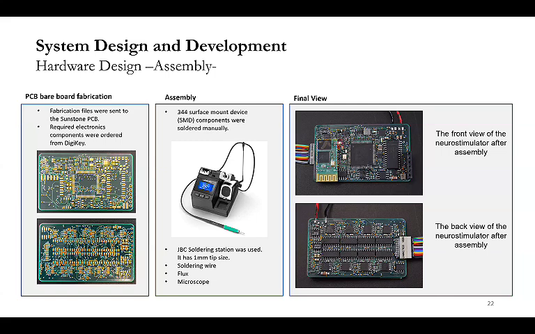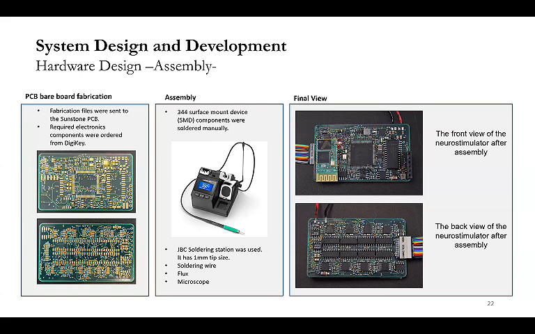But I prefer to do assembly manually because it was the first design. I don't know what will happen on the real circuit. Because of that, I assembled one by one, module by module. For example, I connected all the ground, checked all the ground lines and power lines, and made sure there is no short circuit and no open circuit.